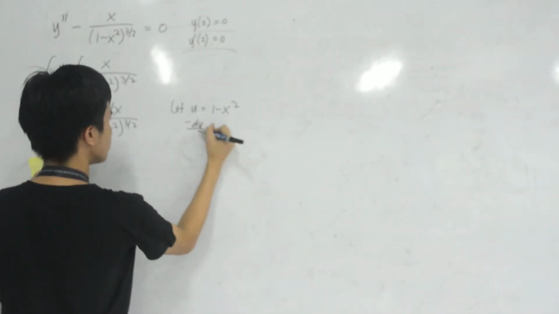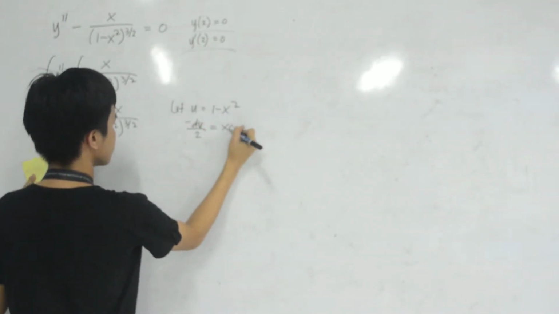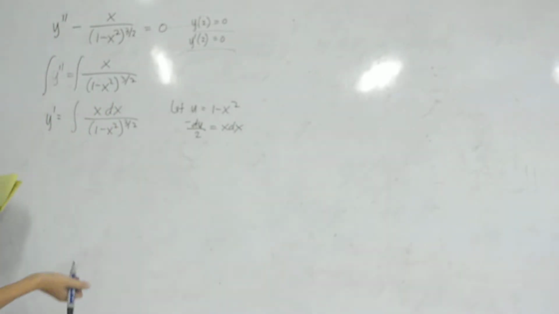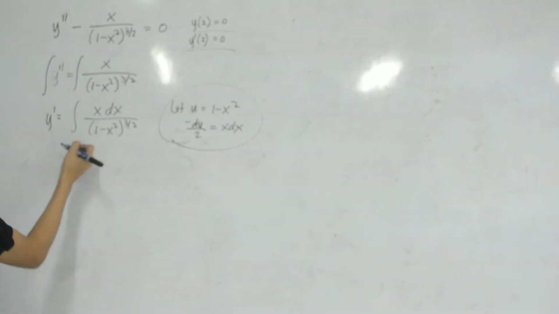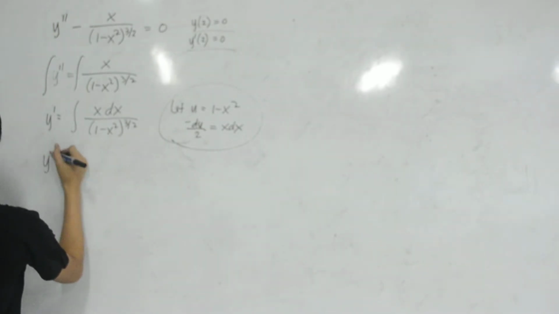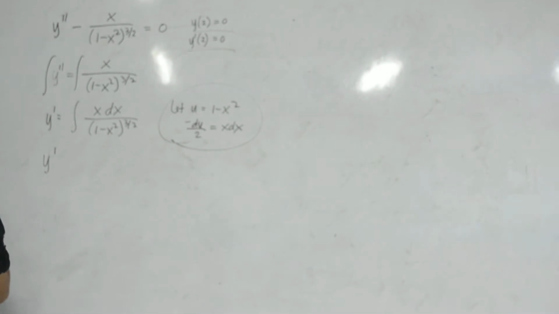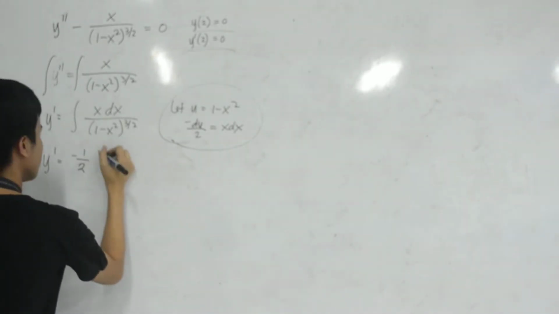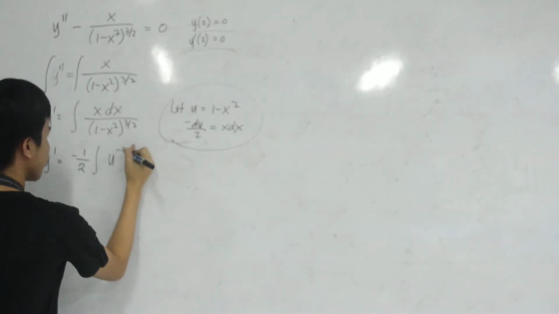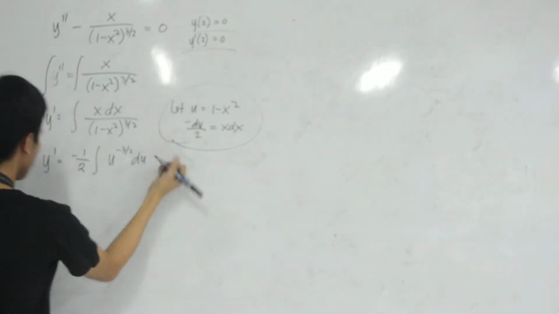Negative du over 2 is equal to x dx. So by substituting this into the integrand, we will end up with y prime is equal to negative 1 half integral of u to the power of negative 3 halves du.